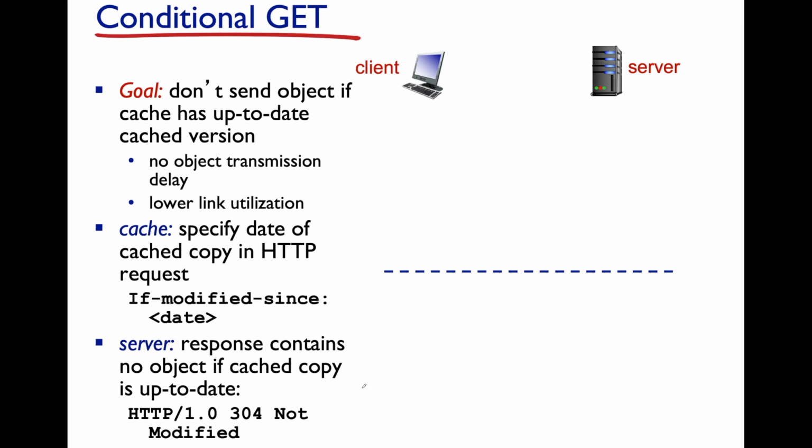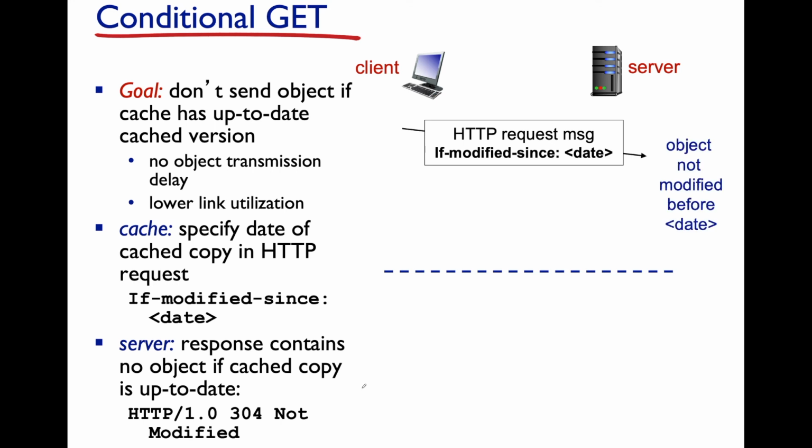So the client then says, oh, okay, great. I'm not going to receive it from you, and you result in a savings in not having to transmit across the wire from the server back to the client. Now I say client not as the client machine, but as the cache. The cache is acting like a client when it reaches out to the origin server. So you start out with the cache acting as a client for the origin server.